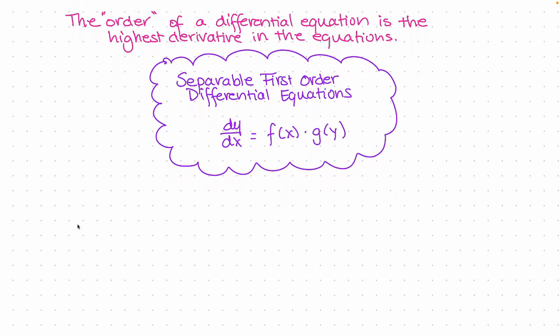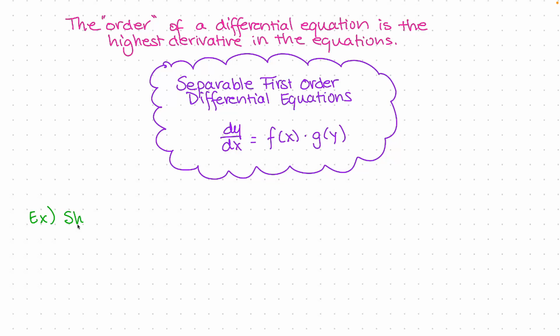Wow, this is nice. For the first example, we're actually not going to do a first order differential equation. I kind of lied. We're going to do a second order. But we're not really going to solve it. Here's what it is.